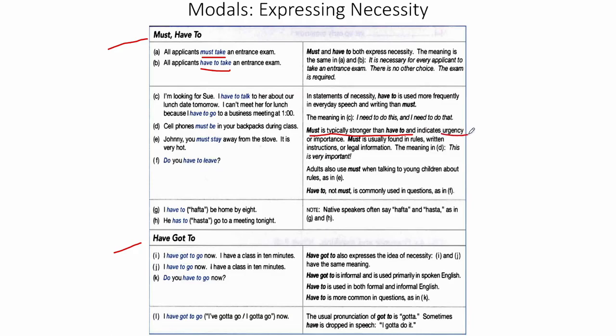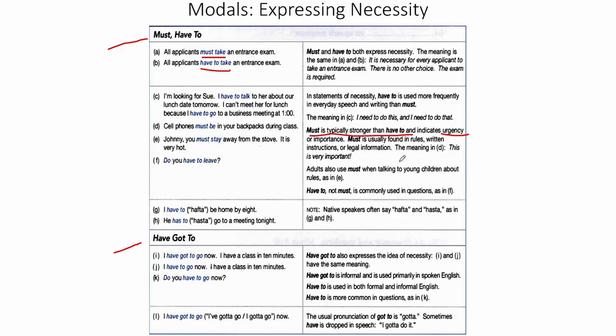When we say that somebody must do something, it is urgent and very important for that person to do it. So must is usually found in rules, instructions and legal information. This is the only difference between using must and have to.